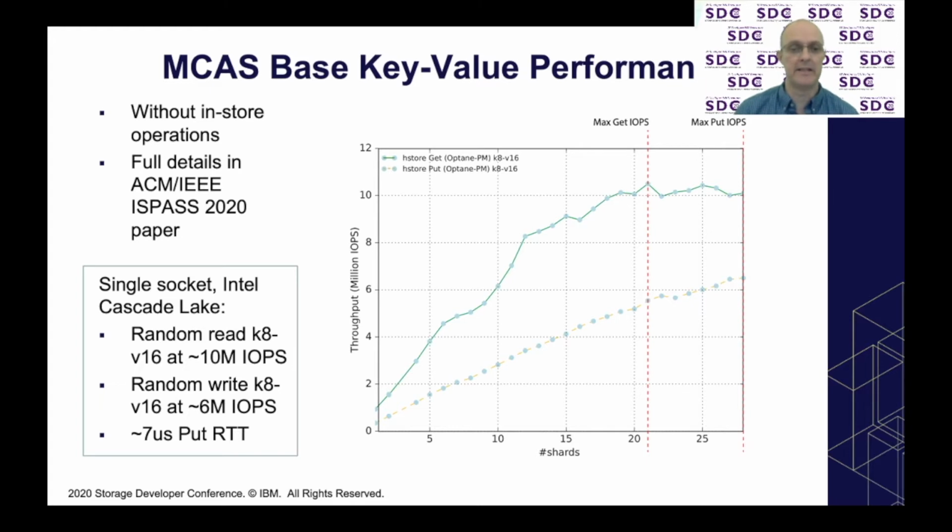For random write with key size 8 and value size 16, we see approximately 6 million IOPS. Also note that the round-trip latency for a put is approximately 7 microseconds, and that's across 2 network hops and a single 100 gigabit Ethernet switch.